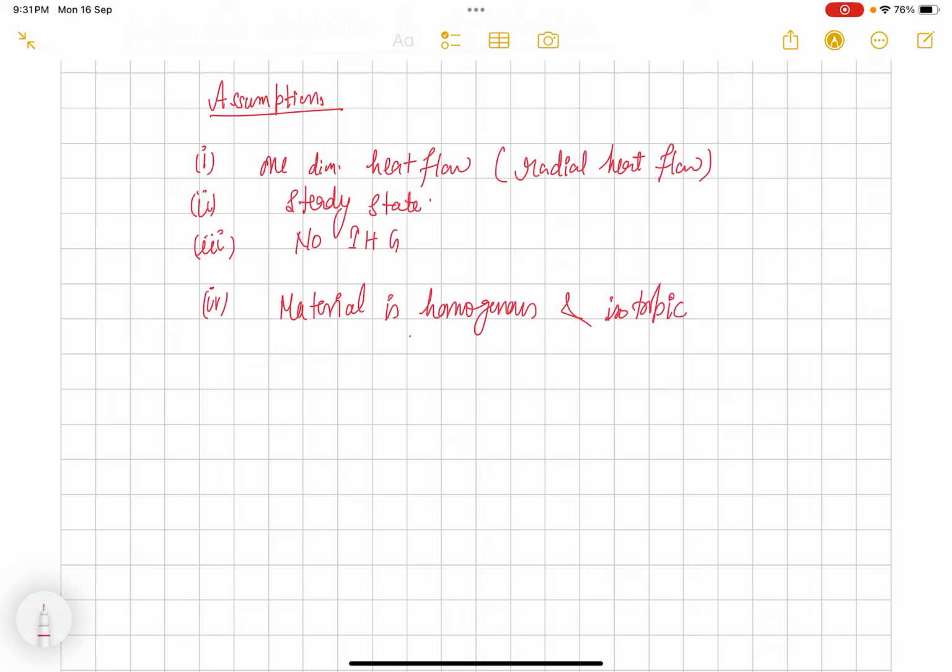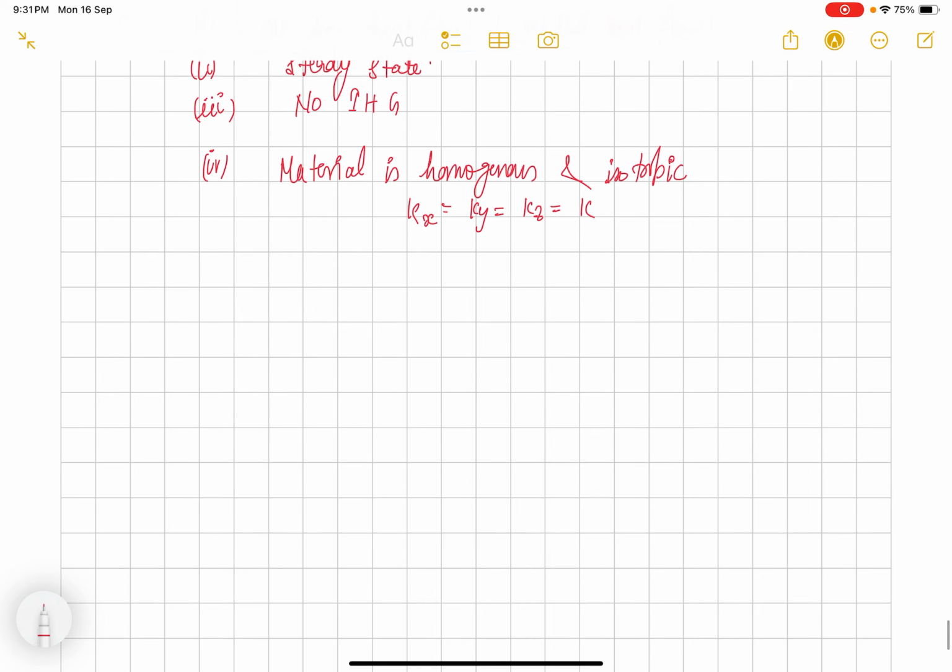It means that Kx, Ky and Kz are the same and we can take it as K. So it means that thermal conductivity is independent of the direction in which it is measured. So it means K value is constant, and we are saying that K value is not a function of temperature.